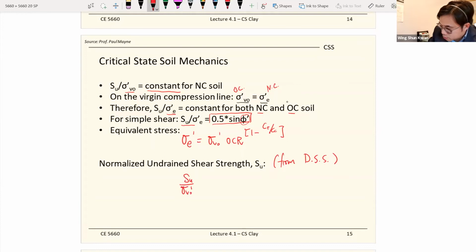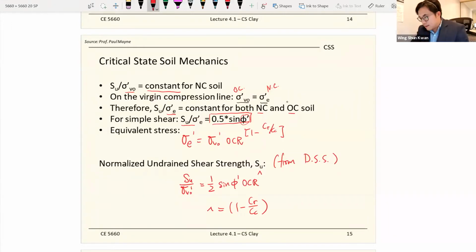Su over vertical stress will be equal to 1/2 sine phi times OCR to a constant. And this constant is 1 minus Cr over Cc. So this works for the simple shear test.